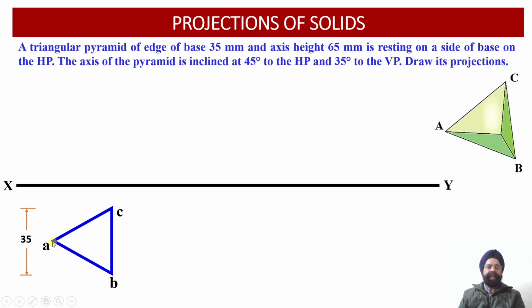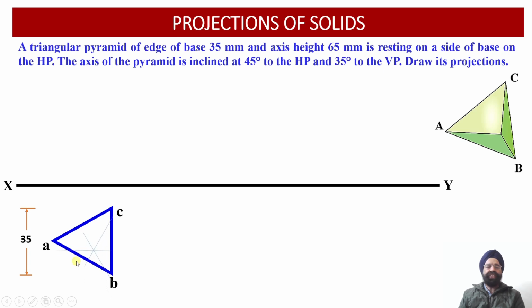From point A, we are going to draw a perpendicular bisector of the edge BC. Similarly, from point B, we are going to draw a perpendicular bisector of the edge AC. And finally, from point C, we are going to draw the perpendicular bisector of the edge AB.